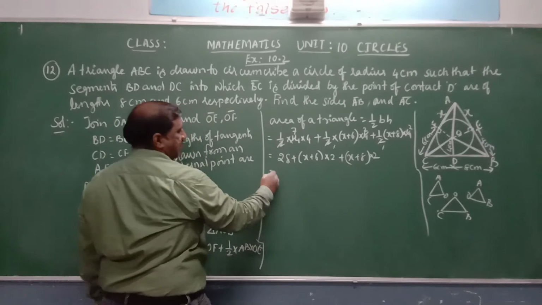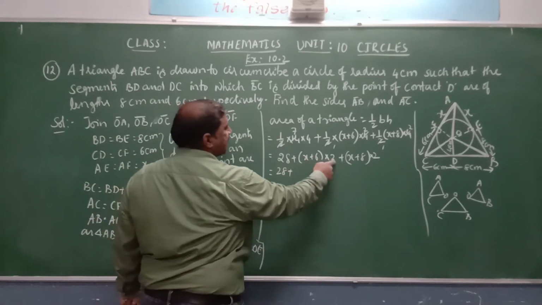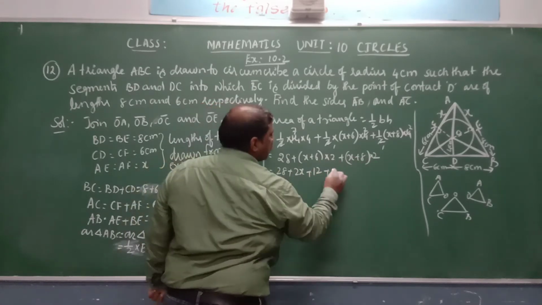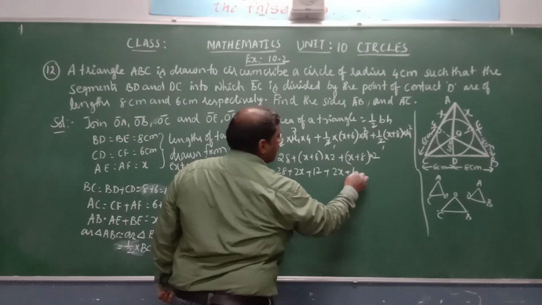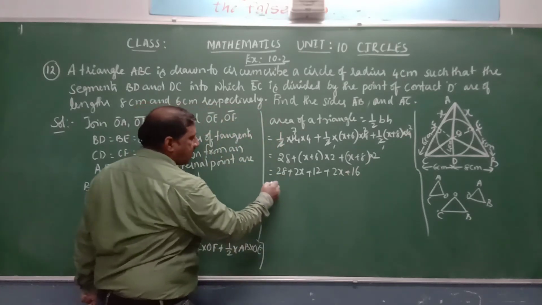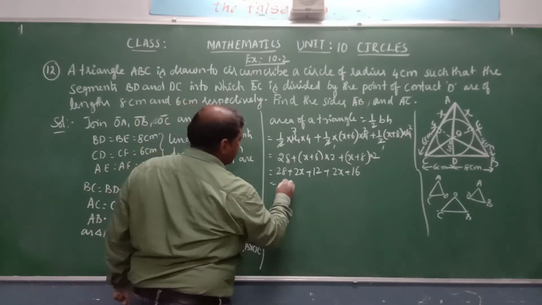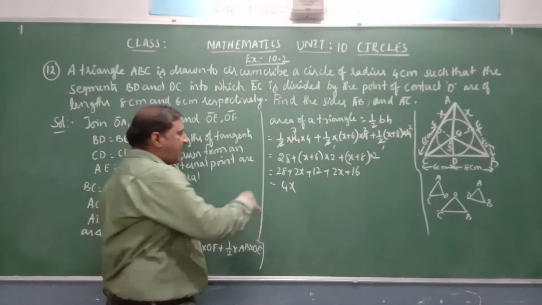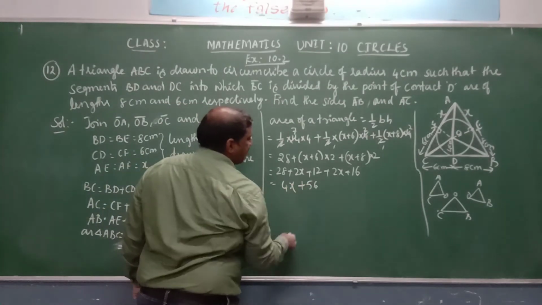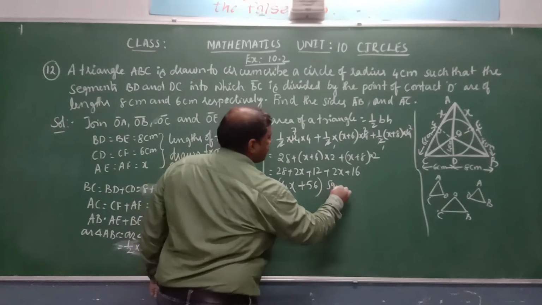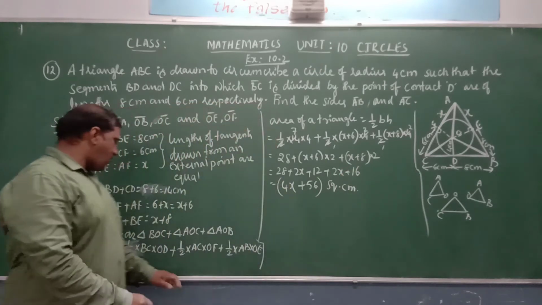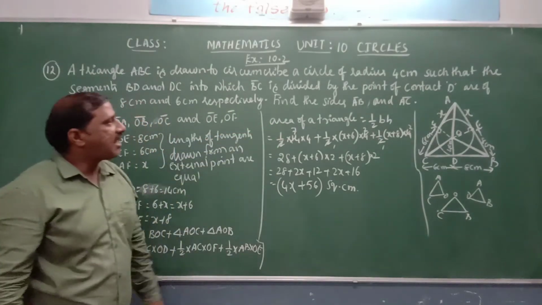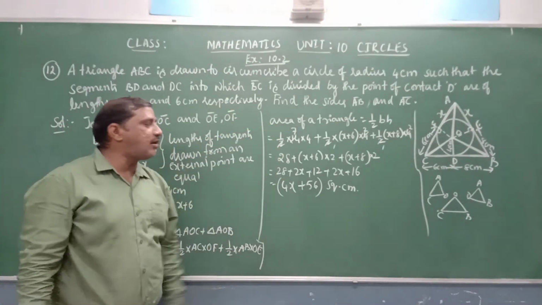Now simplify: 28 plus 2x plus 12 plus 2x plus 16, and the variables 2x plus 2x is 4x. 28 plus 12 plus 16 is 56. So 56 square centimeters. Now this is the area of triangle ABC, which we found by using the formula of area of a triangle, half into base into height.